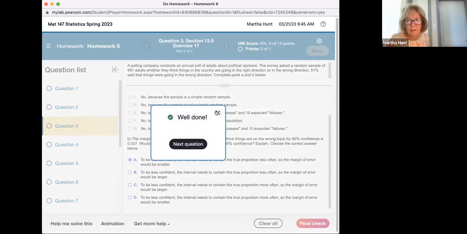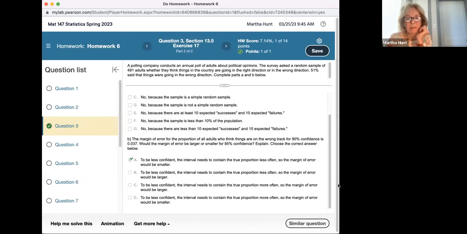Okay, before we look at the next question, let's look at that. To be less confident, the interval needs to contain the proportion less often. Obviously, okay, I'm sorry. So the margin of error would be smaller.